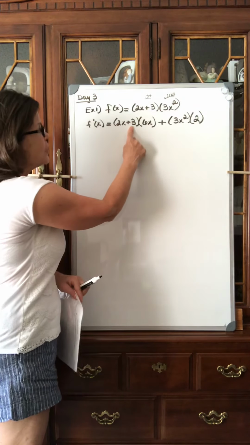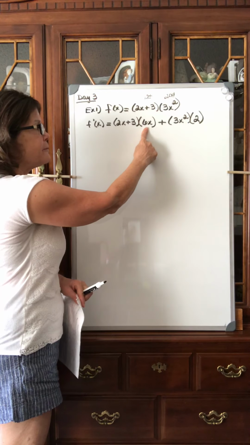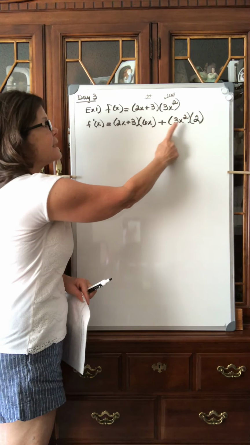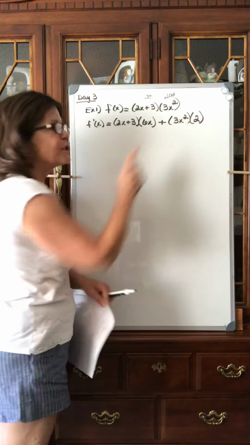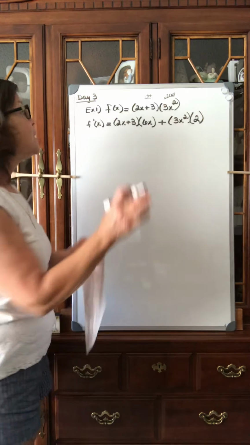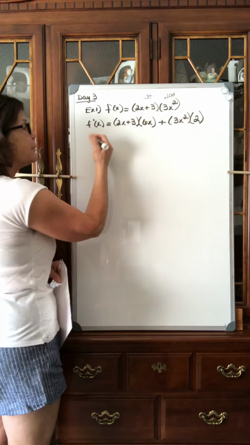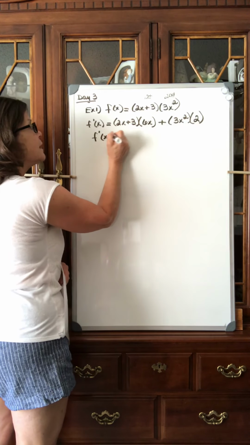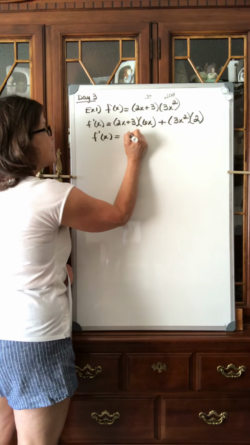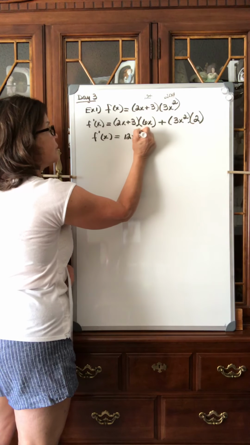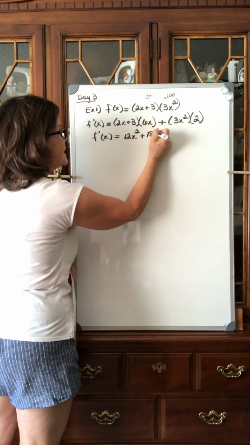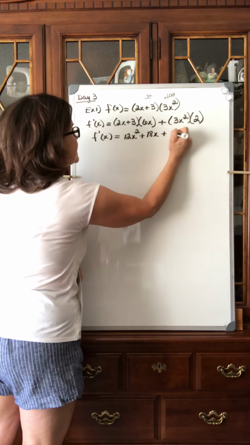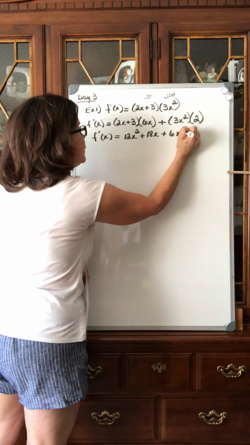So make sure you understand what I did so far. Here's the first function times the derivative of the second plus the second function times the derivative of the first. Multiply this stuff together, and then we're going to combine to get our first derivative. So f prime of x will be equal to 12x squared plus 18x plus 6x squared.